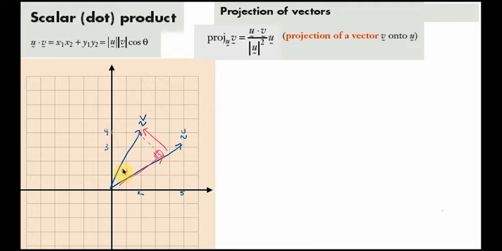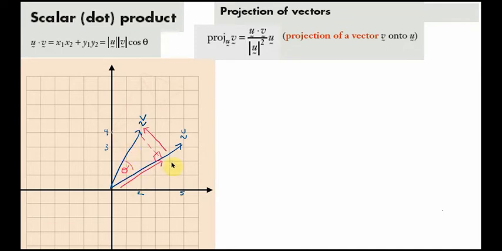And if theta is the angle between them, then I can use trigonometry to find the size of this vector, the magnitude of v times cos theta, and this vector, the magnitude of v times sine theta.